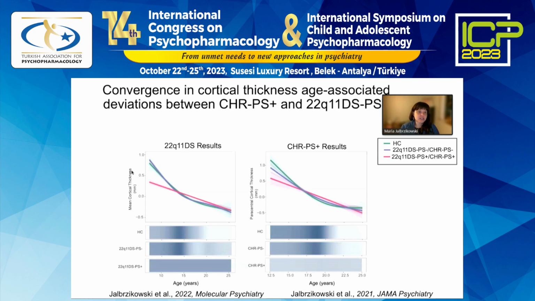And what we found here, across the entire brain, where we only found it in one region, is that you're starting to see some convergence on these age-associated effects, with the shallower slope in those with psychosis spectrum symptoms, seeing that in two different high-risk groups during late childhood, early adolescence, and then the steeper slope of cortical thickness change in late adolescence, early adulthood.